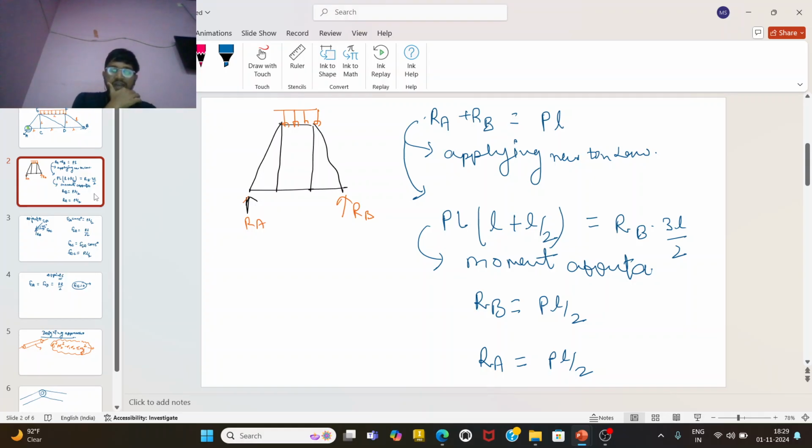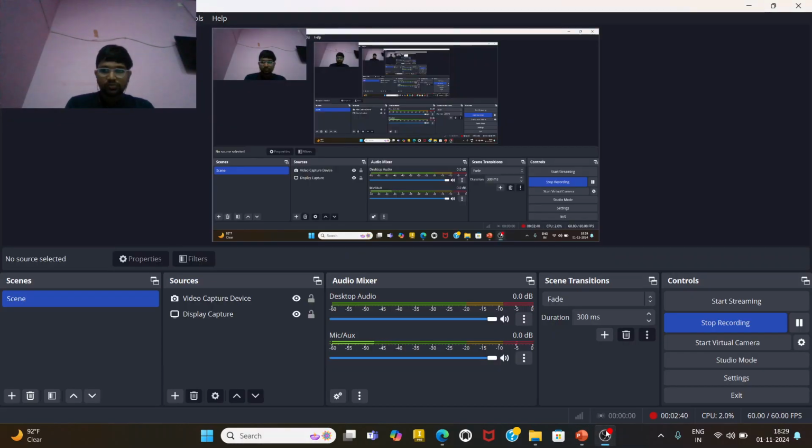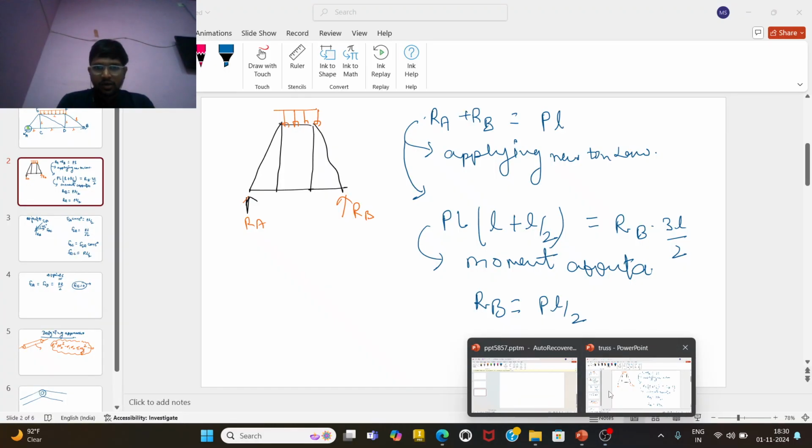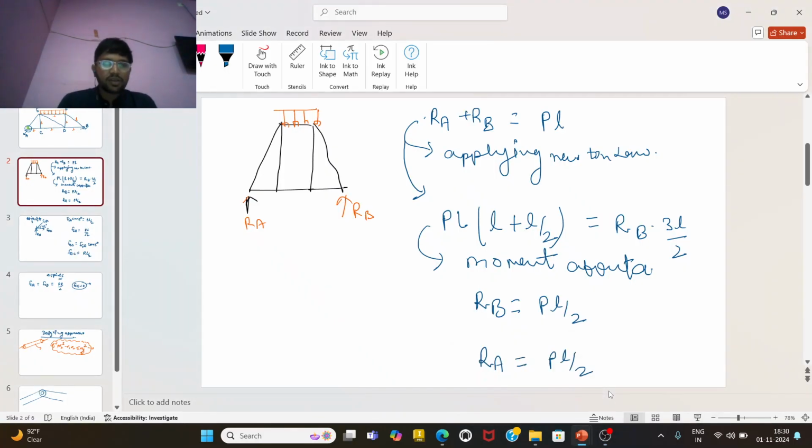When we solve a truss problem, the basic approach is this: the simple procedure is to assume the whole system as a single element.